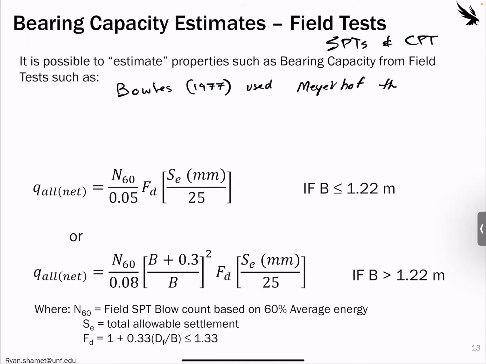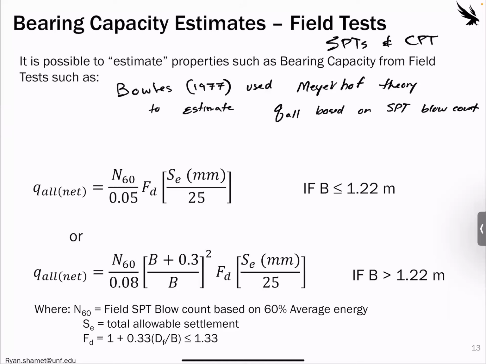He used this theory for bearing capacity. So it's a different theory, not Terzaghi's, to estimate the Q allowable based on SPT blow count.